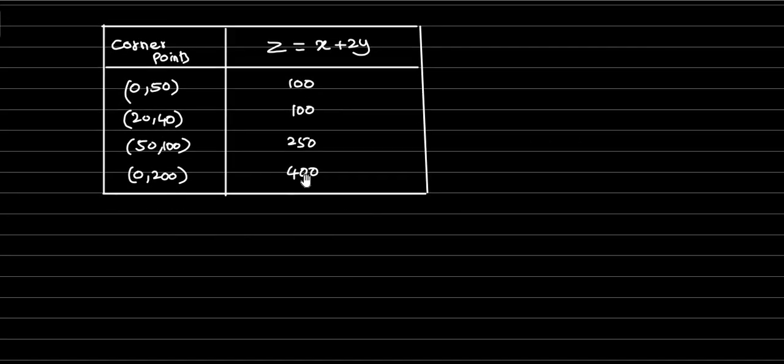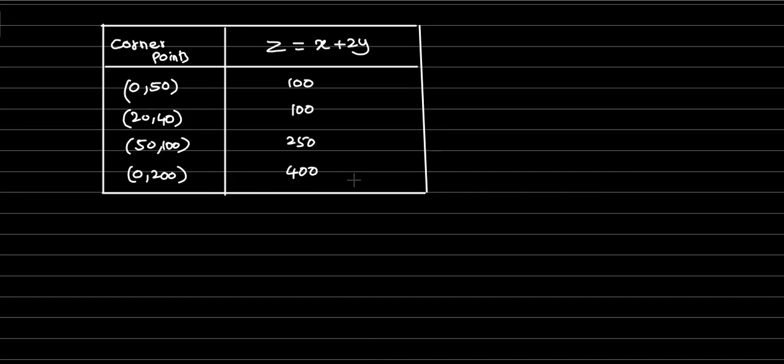Out of all these, the largest value is 400, so this is the maximum value of Z. Out of these, the least number is 100, but 100 occurs twice. So the minimum is 100.